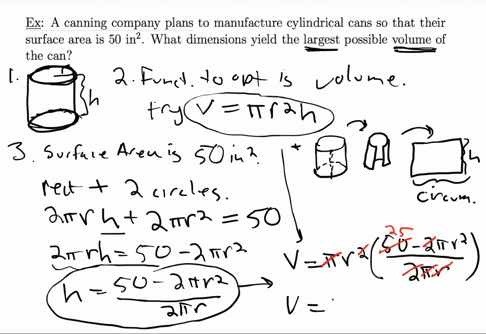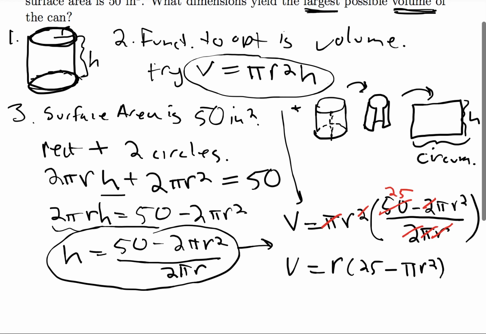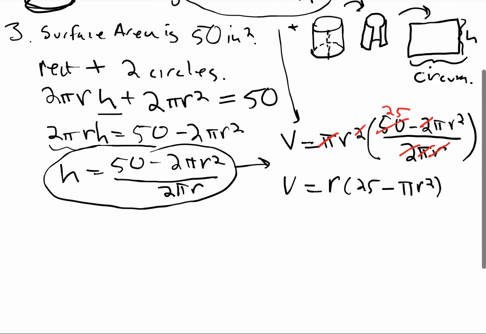Right, so here's my r times 25 minus pi r squared. If I want to give myself just a little bit more room here, this is going to be 25r minus pi r cubed. So this is my volume function to optimize.